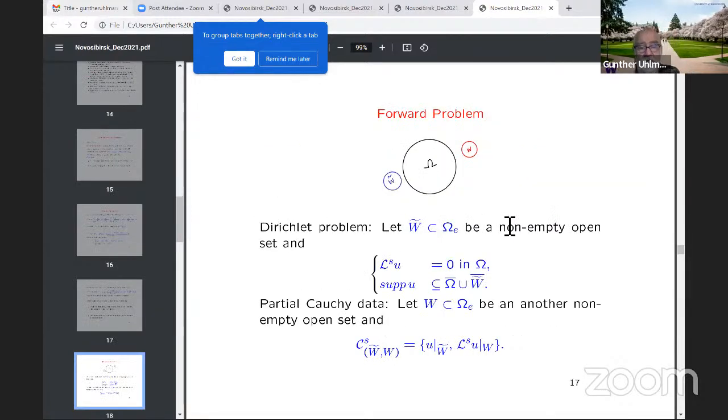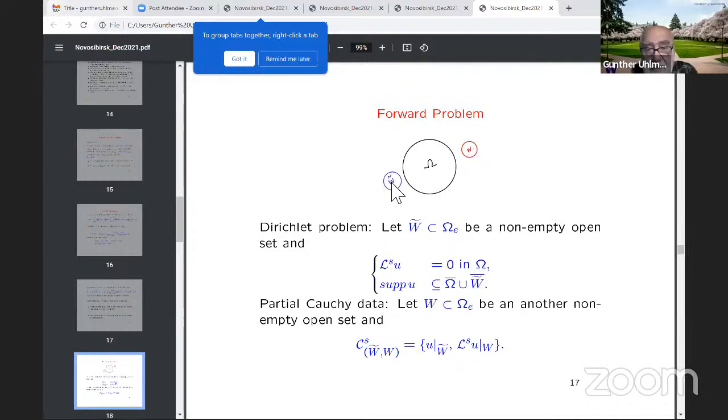Okay, so what is the forward problem? In this case, it's the same as before. You have an open set, and you have omega, and you solve the equation in the open set, and you give data on W tilde. And the Cauchy data, which is the partial Cauchy data because it's not information in the whole exterior, is then u restricted to this open set, and then you take the fractional Laplacian on the other open set.